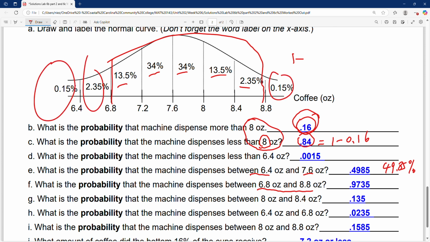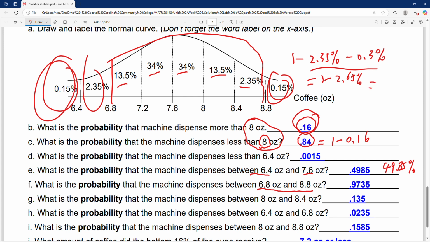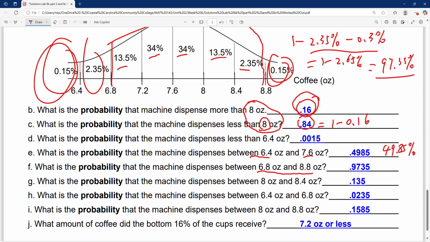You see here, 1 minus 2.35%, and 0.15 plus 0.15 is 0.3%. So this is 1 minus 2.65%, and you will get 97.35%, or 0.9735.